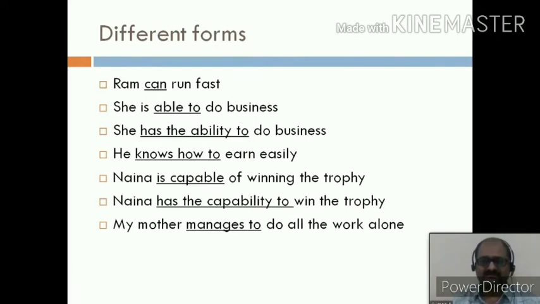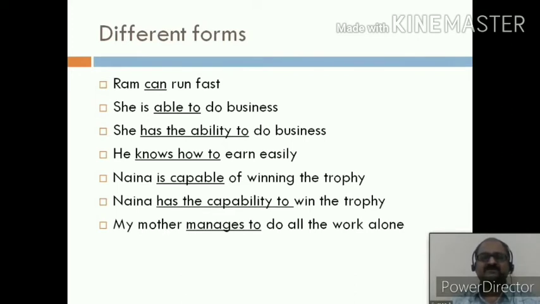Ram can drive. This is how can is used, and it is the most frequently used and the most basic verb. Can is what we refer to as a modal auxiliary. Modal verbs are verbs like can, shall, should, would, which are normally used to express various language functions.